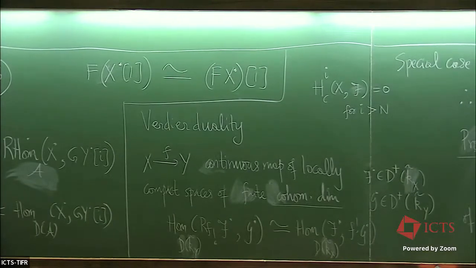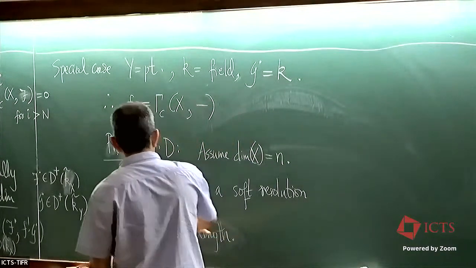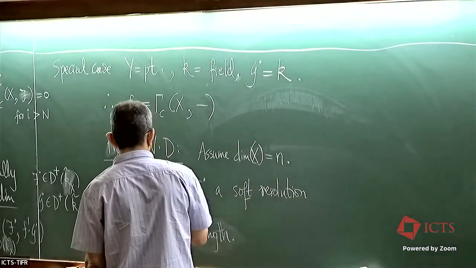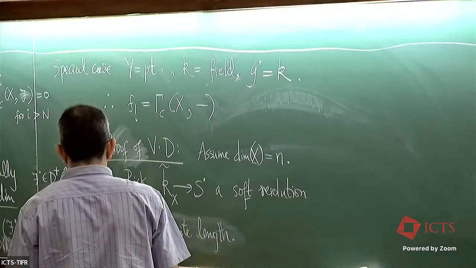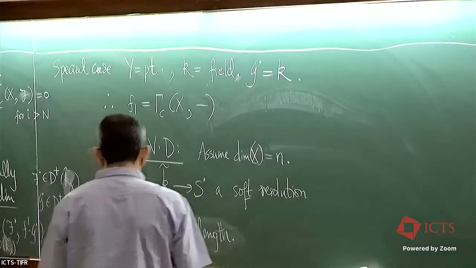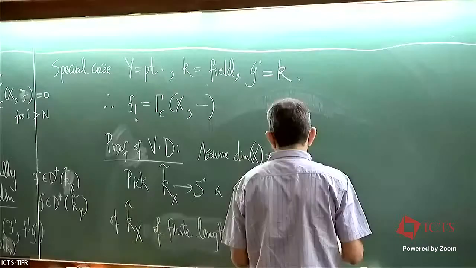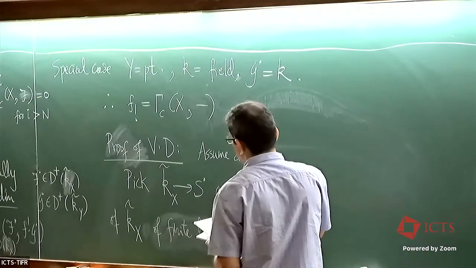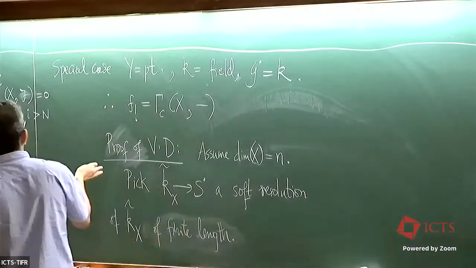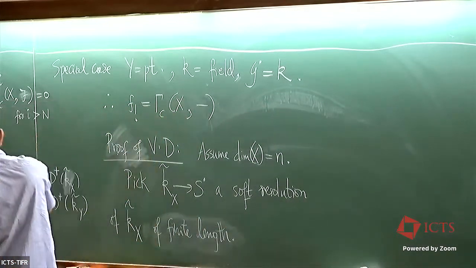But anyway, right now we know by definition there will exist a soft resolution of finite length. Okay, so then we will use this to give the definition of f^!K.